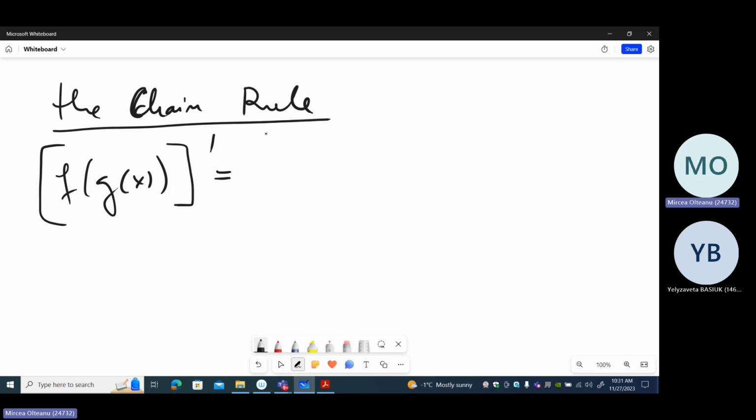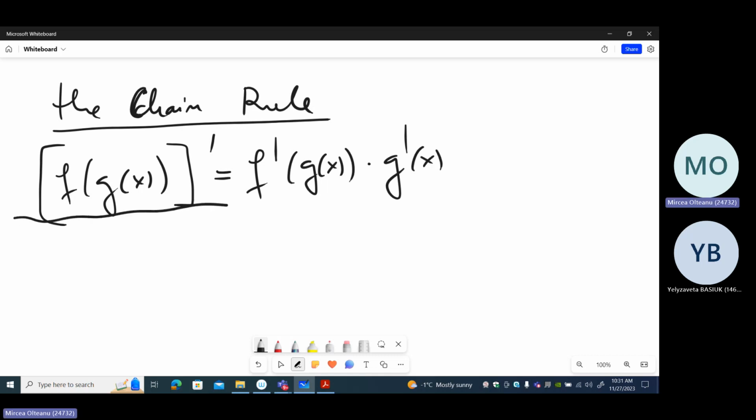According to the chain rule, this equals the derivative of f applied at g of x, times the derivative of g. This is the famous chain rule.